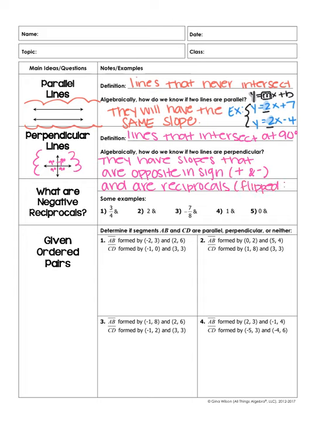So for instance, if I had 2 over 1, the reciprocal is 1 over 2. It's simply flipped. Let me give you an example of that.